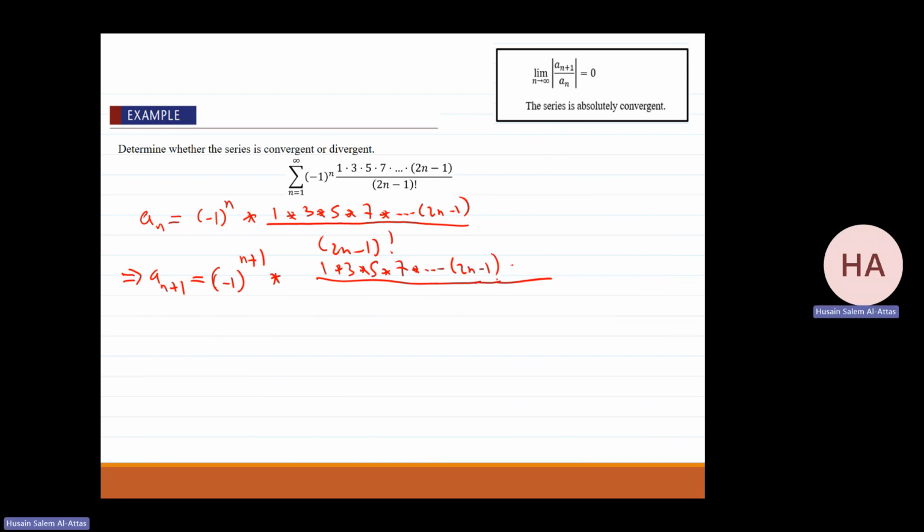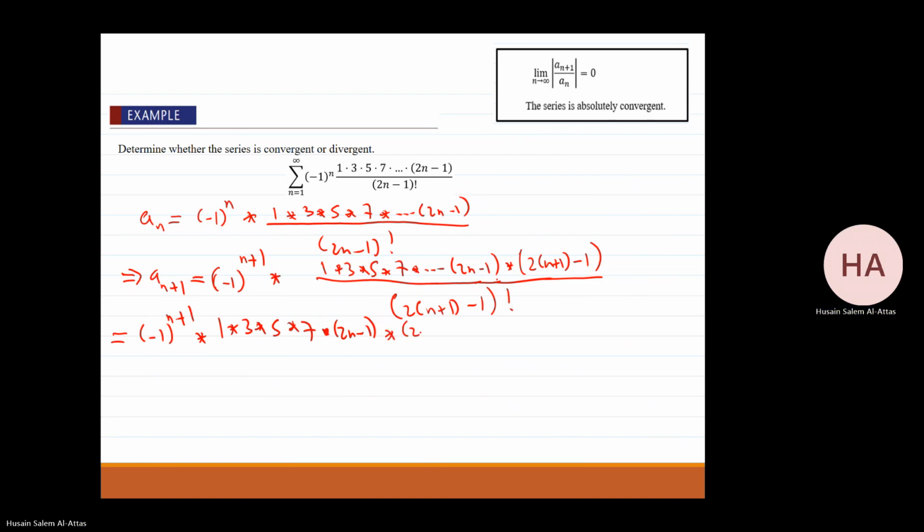It is 2n plus 1 minus 1. And the same thing here, instead of n I'll write n plus 1. I'm doing it in detail: 1, 3, 5, 7, 2n minus 1 times 2n plus 2 minus 1, which is 2n plus 1, over 2n plus 1 factorial.